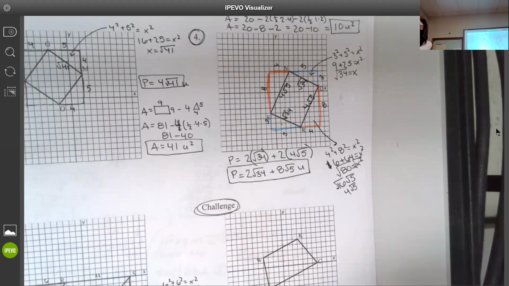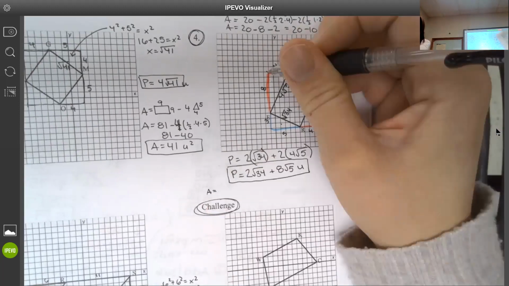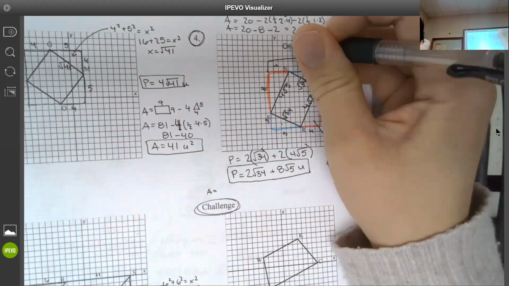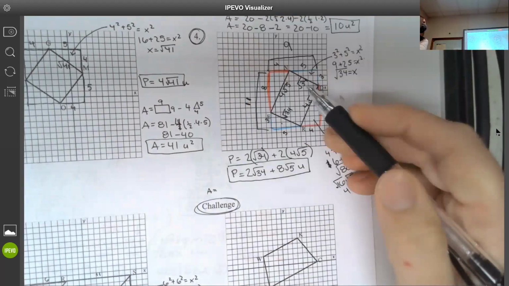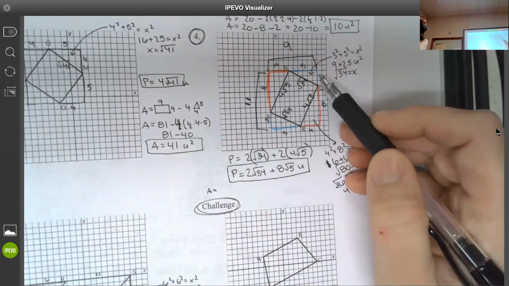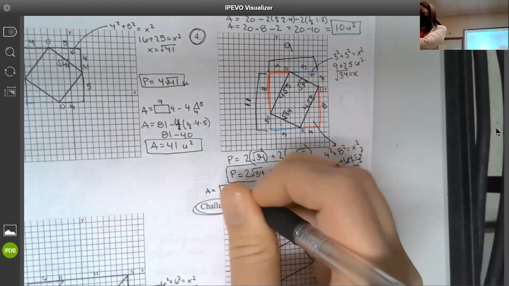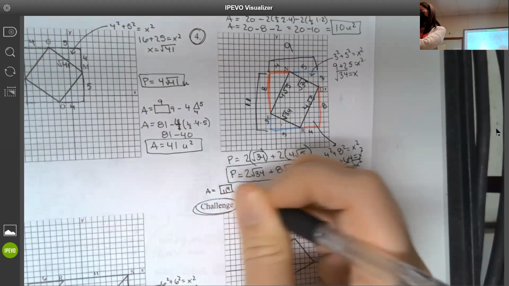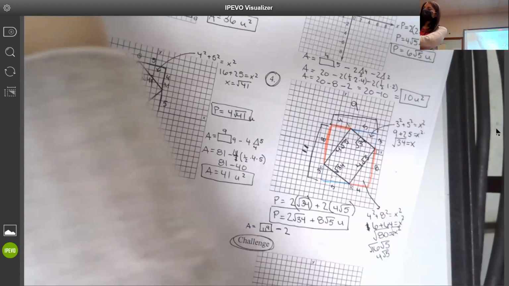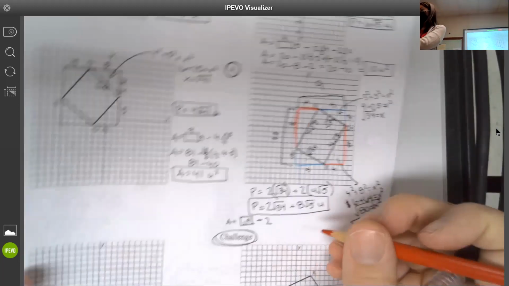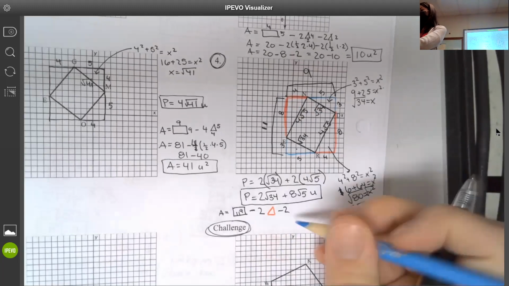Now for the area, that's where I like to draw a visual. I'm going to use this larger rectangle that I've drawn in, which is 9 by 11, adding 4 and 5 together here, 8 and 3 together there. So I'm going to have that rectangle that's 9 by 11, and I need to subtract out the 2 red triangles that I drew in, and I need to subtract out the 2 blue triangles that I drew in.